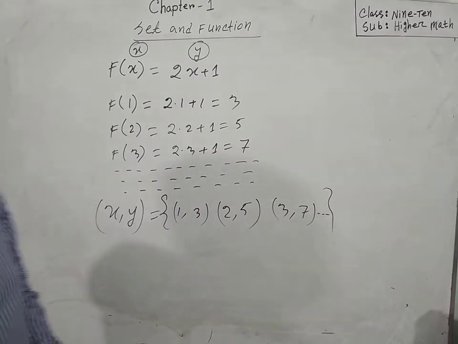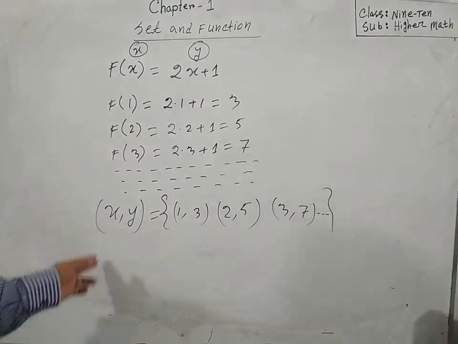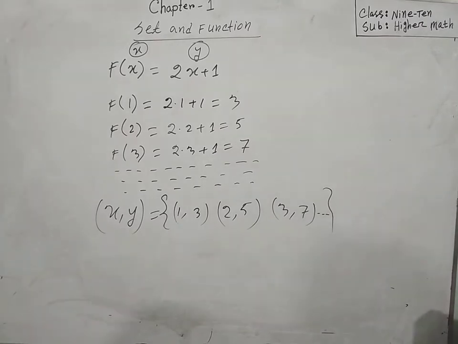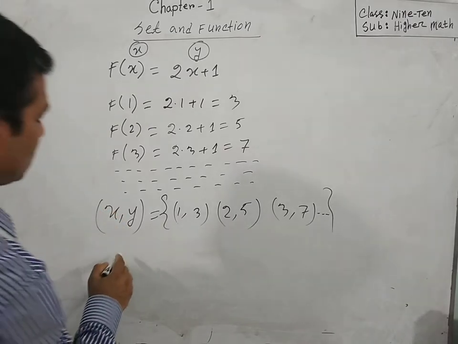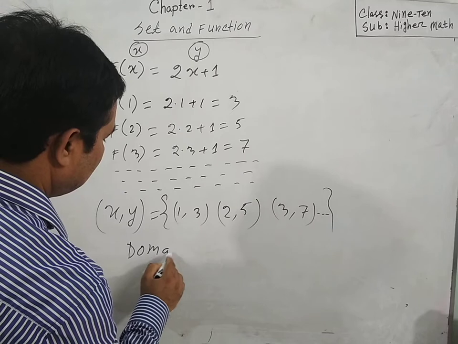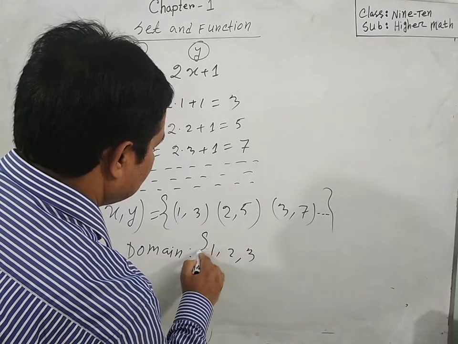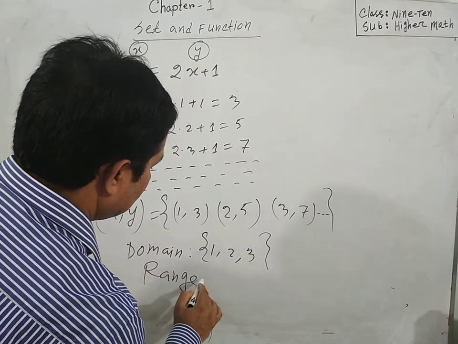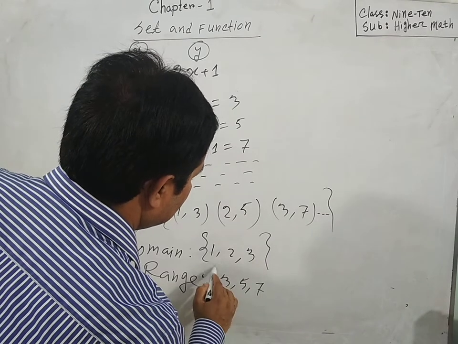We know from ordered pair of any relation, the first element of the ordered pair of any relation is called domain and the second element of the ordered pair is called range. So we can write domain 1, 2, 3 and range 3, 5, 7.